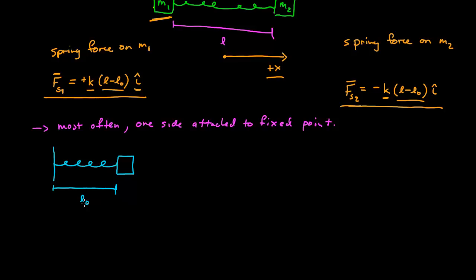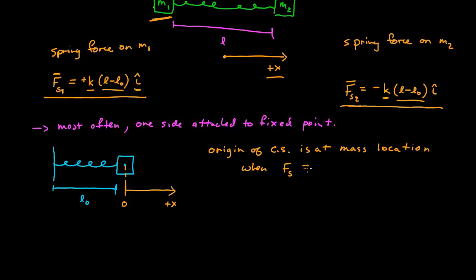And now what we'll do is establish a coordinate system, one dimension along the spring, where my origin is at the location of the center of the mass when the spring force is equal to 0, or the spring is at its equilibrium length.